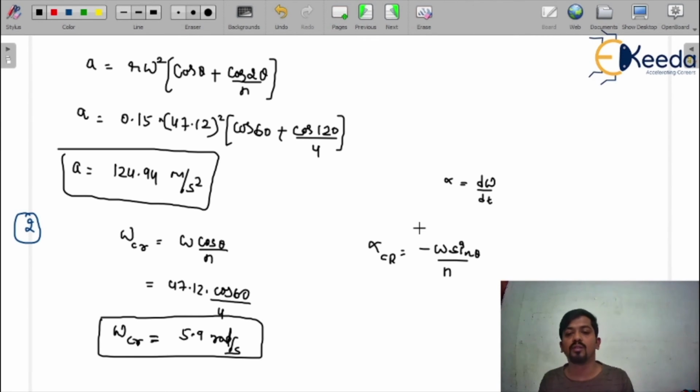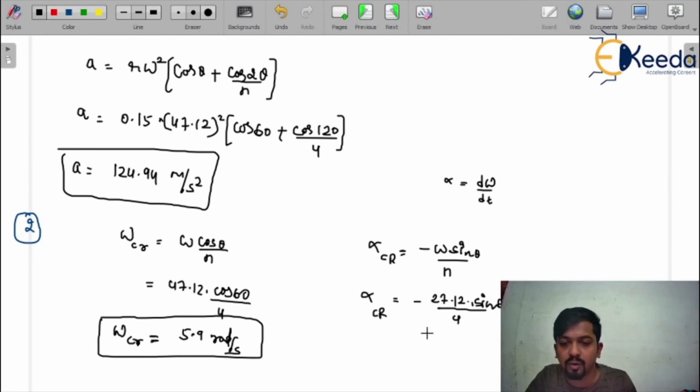Here the minus sign denotes that the connecting rod is trying to reduce the angle beta. If you want to calculate the magnitude, you can also calculate it. So this is minus multiplied by 47.12 square, sin 60 degree upon n, which is 4.